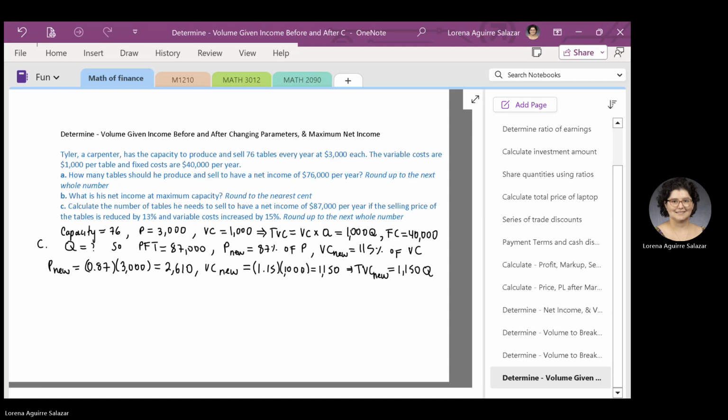And we need to find Q, so profit is $87,000. We want profit, which is total revenue minus total costs, to be equal to the 87,000.